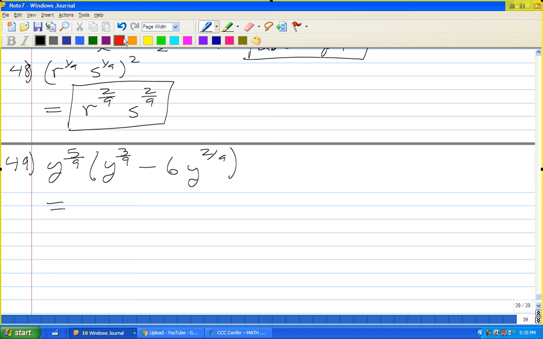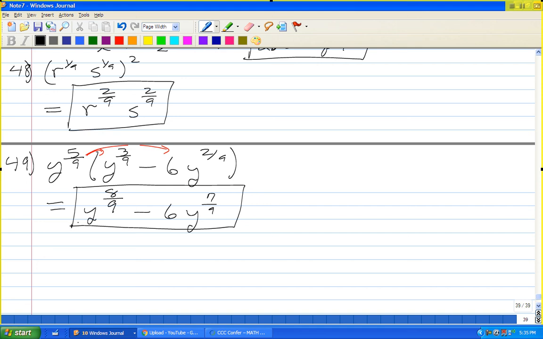So let me multiply the y to the 5 over 9 inside the parentheses. So you get y to the 5 plus 3 is 8 over 9 minus 6, 5 over 9 times 2 over 9. Well, 5 plus 2 is 7 over 9. And that is your answer.